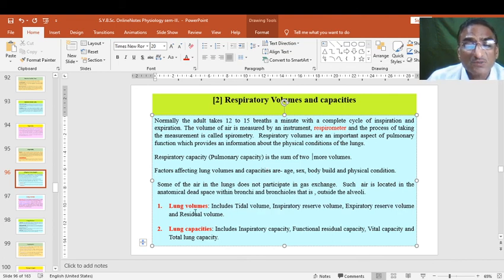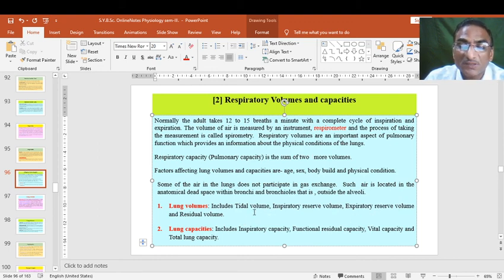First, lung volumes. They include the tidal volume, inspiratory reserve volume, expiratory reserve volume, and residual volume. These are the different steps that we will see one by one.